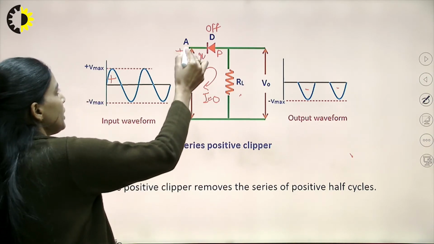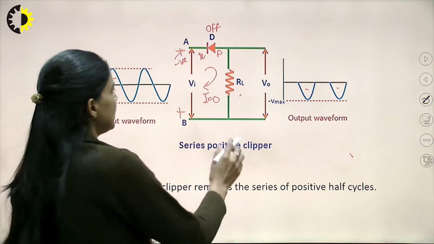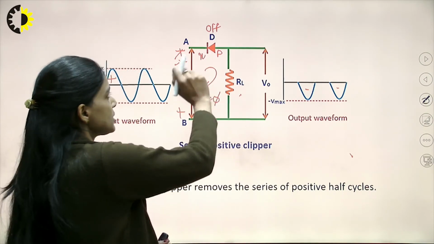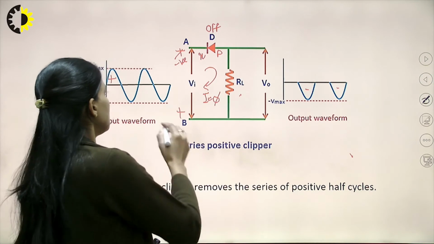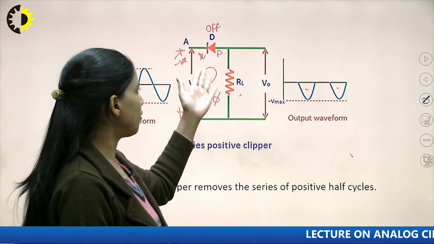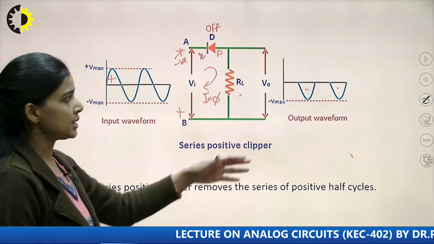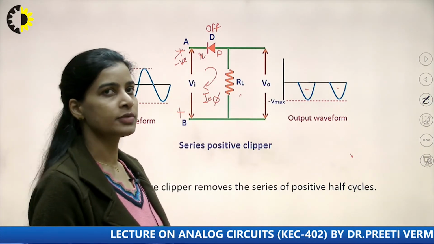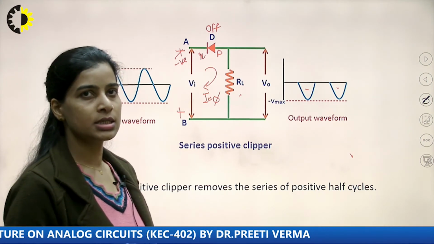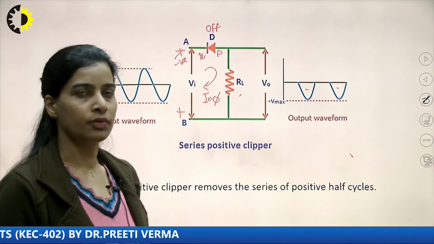When the negative cycle appears, here we have negative and at this side we have positive, so some amount of current flows through this circuit, because this diode will be forward biased. So during the negative half cycle we get the output due to the flow of current through this circuit. This circuit is clipping the positive cycle of the input, so it is called a series positive clipper because it clips out the positive part of the input signal.